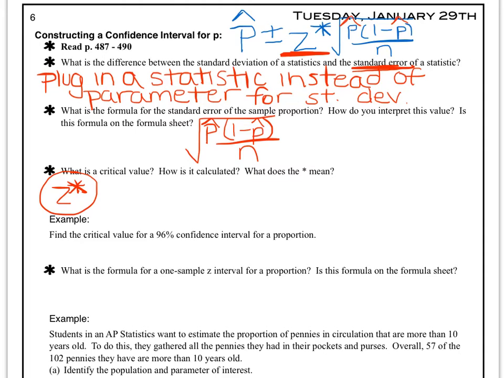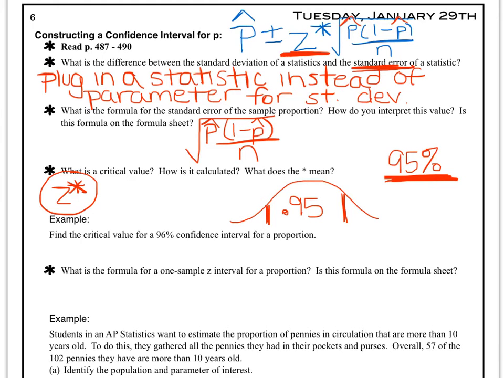And what I mean by that is, let's say that we want a 95% confidence interval. Okay, this is our confidence level, and it's what Z star is based off of. That means I am looking for the middle 95% of my data. Okay, remember that normal curves are symmetric.